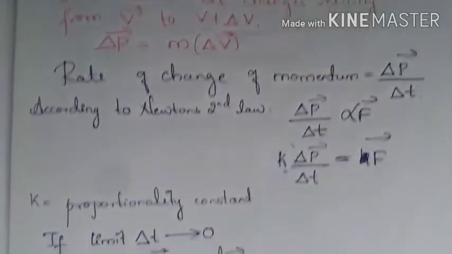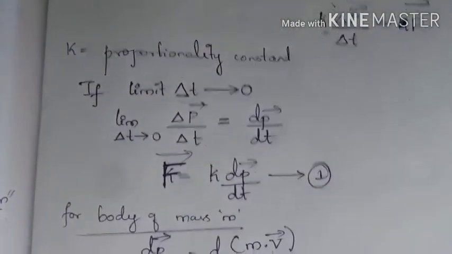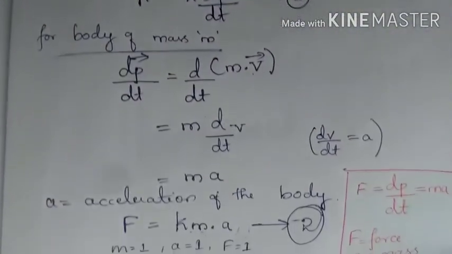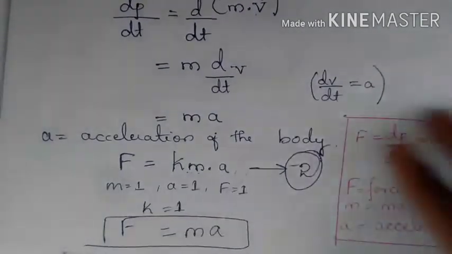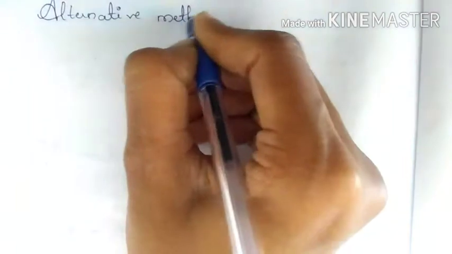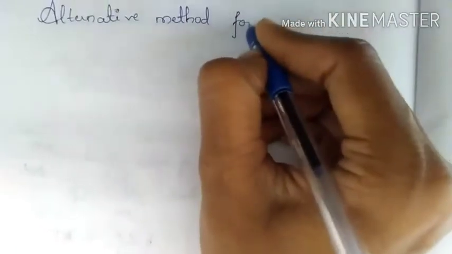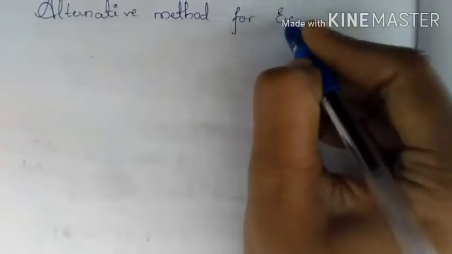So this is one method, and at the end we get F equals ma. Next, let us look at the alternative method for the expression of force.